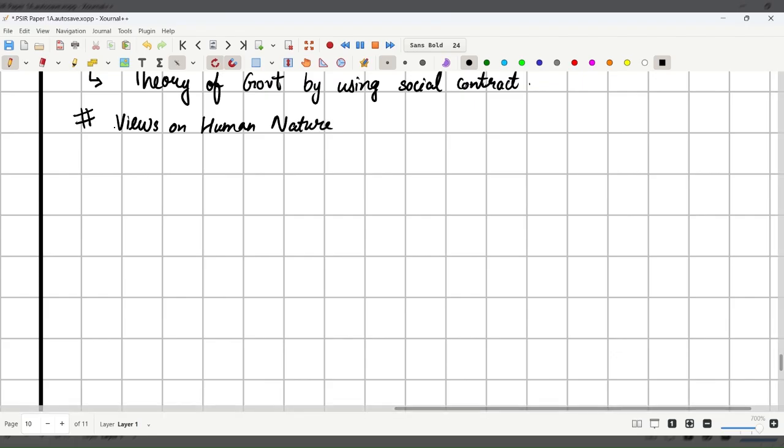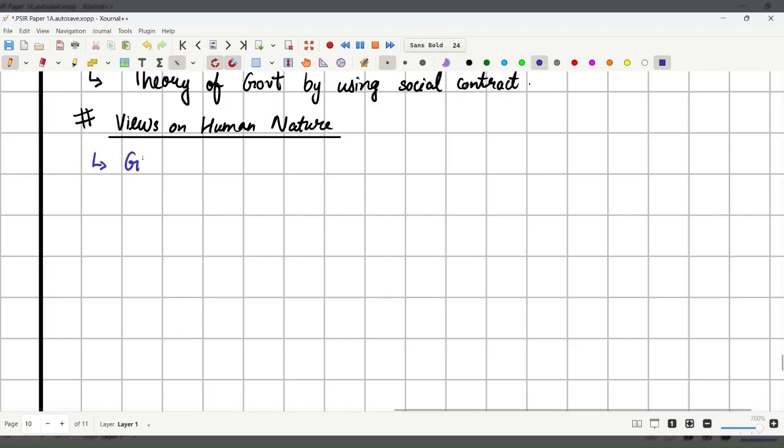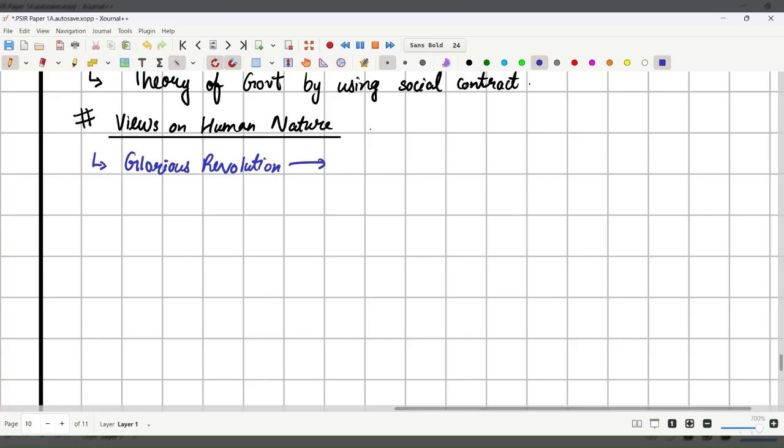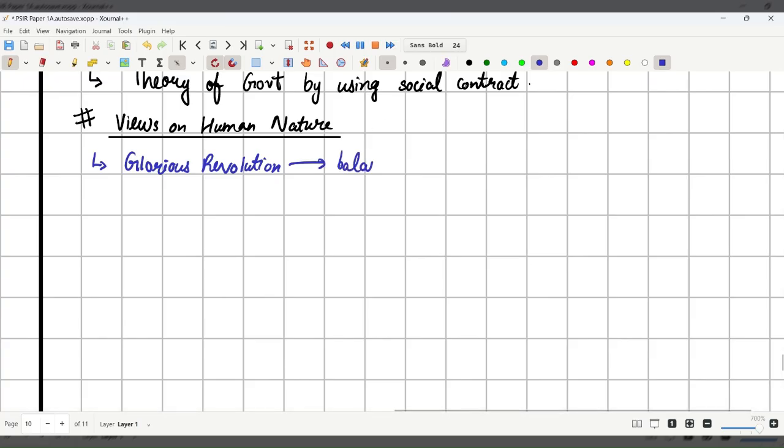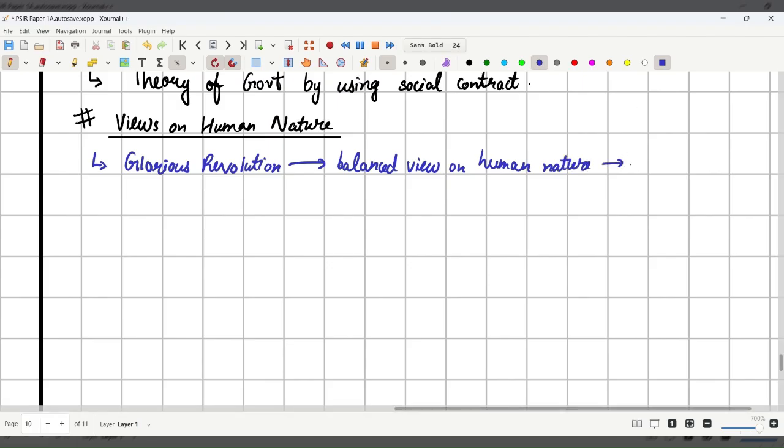As we know, every thinker is a child of his times. During Locke's time, there was the Glorious Revolution, due to which he arrived at a balanced view on human nature. This is contrary to Hobbes' view.